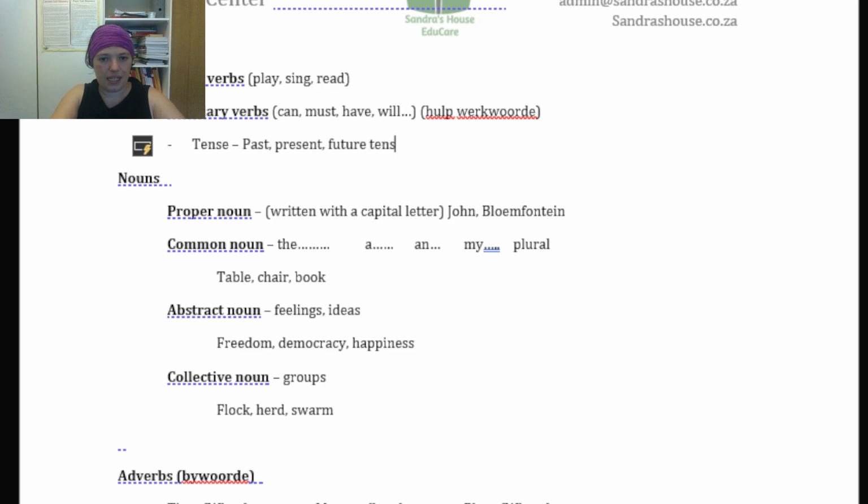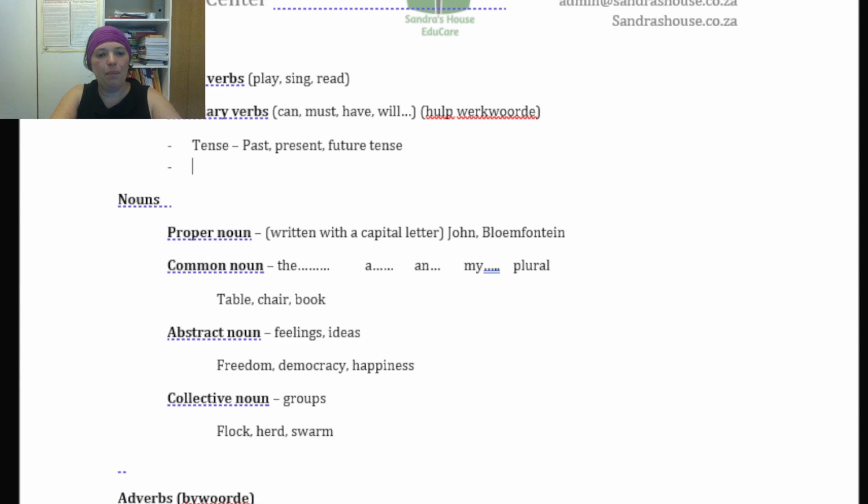Future tense. And we can also, like for example, if I say, I play, he plays. En as dit verander, as dit ek of hy is, dan is dit ook 'n werkwoord. So, changes, wat noem mense dit nou weer? Conjugation.